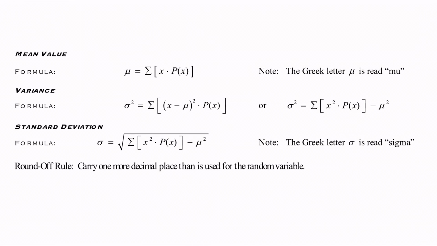In this next example, we'll look at some formulas that we can use to compute the mean, the variance, and standard deviations. The mean here is given by the formula of the sum of all the x times p of x. In other words, we're multiplying each of the x values of our random variable times the probability of that particular x occurring, and then summing those all up.